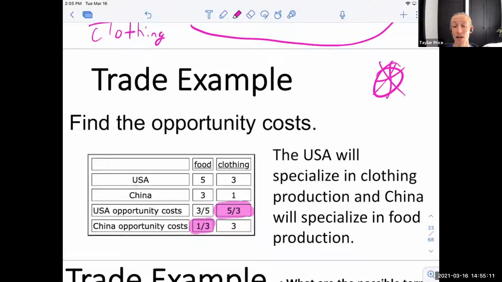And that is the case even though we can see here that the US is able to produce more food and clothing than China. So this is how we get into discussing absolute and comparative advantage when we're looking at opportunity cost. But does this process make sense, or does anyone have any questions on this process before we move on?